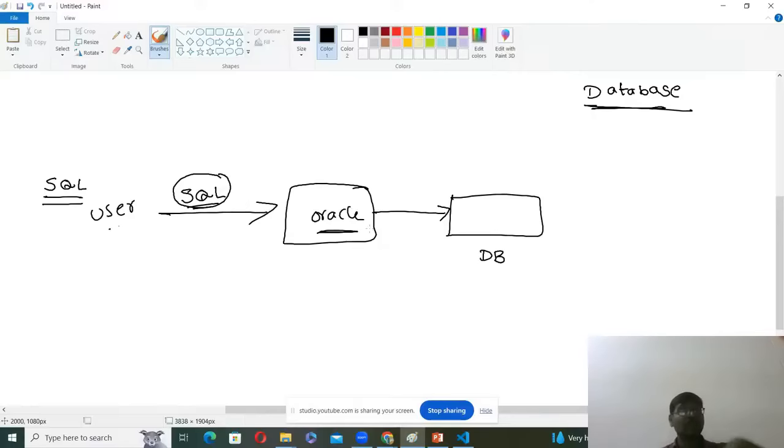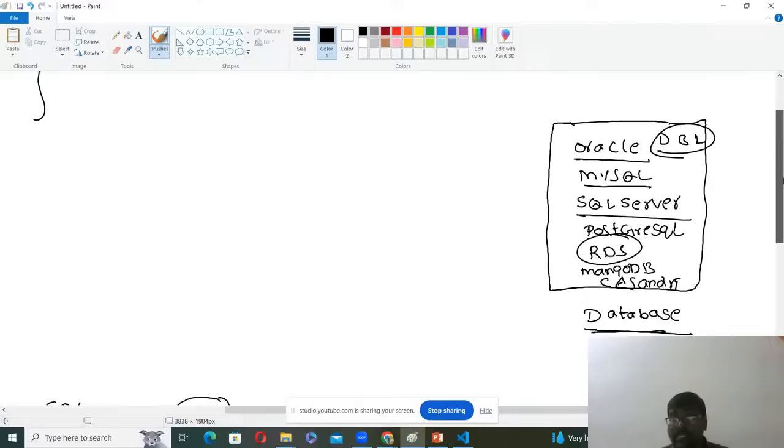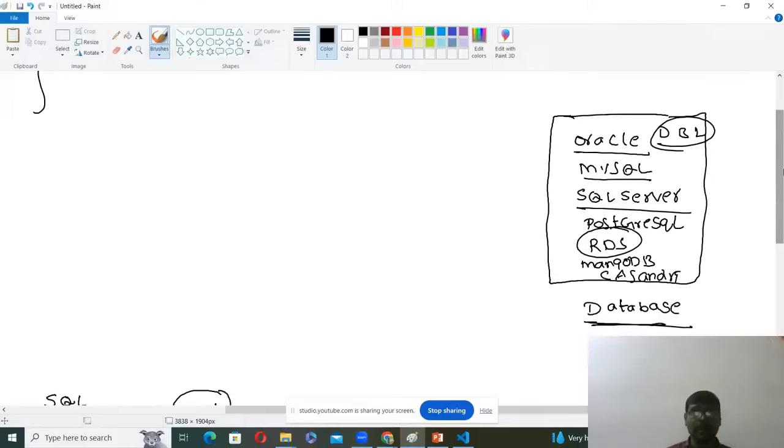SQL is a language. Oracle is a database. SQL is the language which is used to communicate with the database. Now you got it. These are different types of databases that are available in the market.